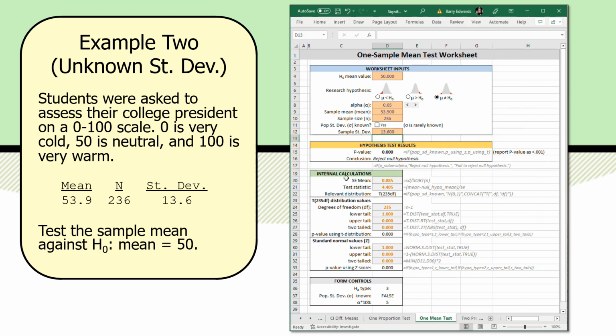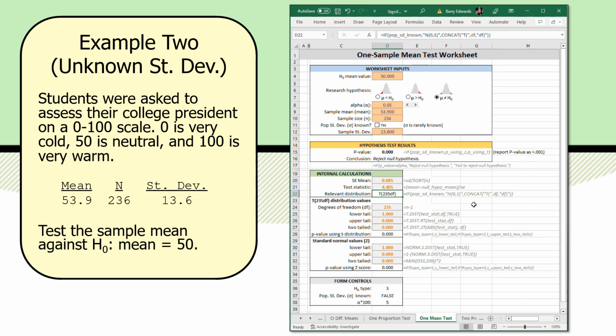Now look at this, the internal calculations again. What happened when we unchecked known population standard deviation? It changed the relevant distribution that the test statistic is compared to. Rather than comparing it to a standard normal, it's now comparing it to a t-distribution with 235 degrees of freedom. So one less degree of freedom than the sample size.